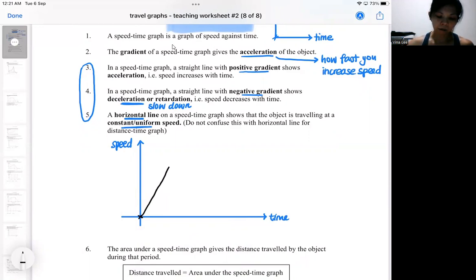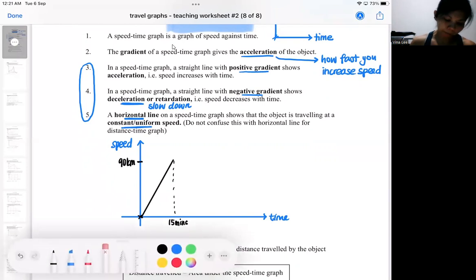I do a positive gradient. Maybe I take around 15 minutes, really slowly, and I increase to 90 kilometers per hour.